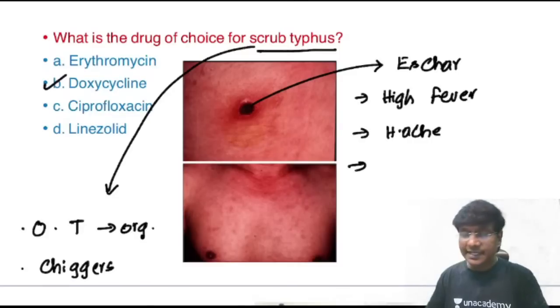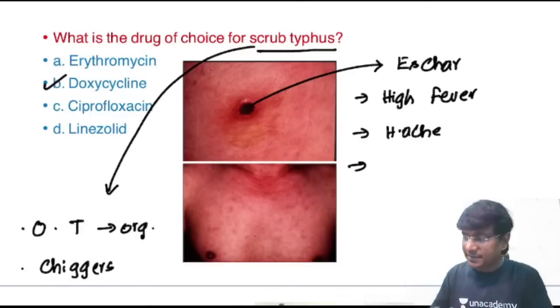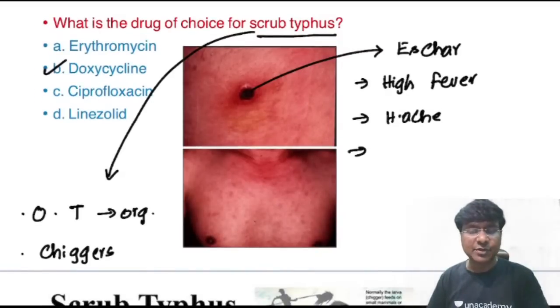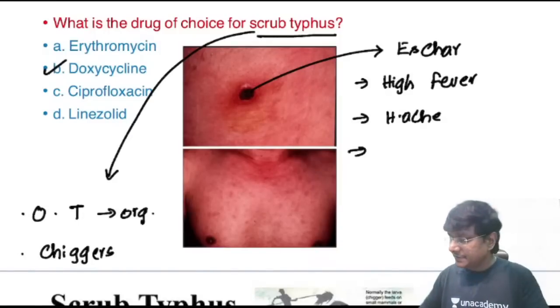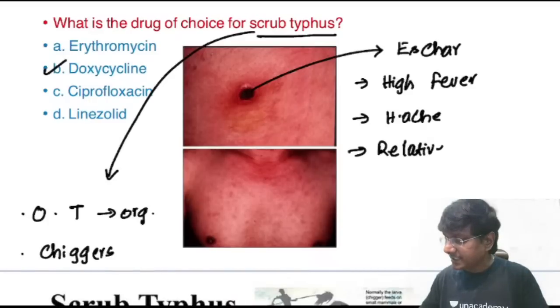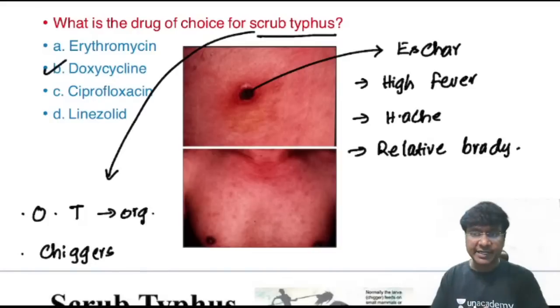Apart from this, in Salmonella typhi, can anyone tell me how will be the heart rate in patients with typhoid? In typhoid, you get what is called relative bradycardia. Similarly, even in scrub typhus, you will have relative bradycardia.